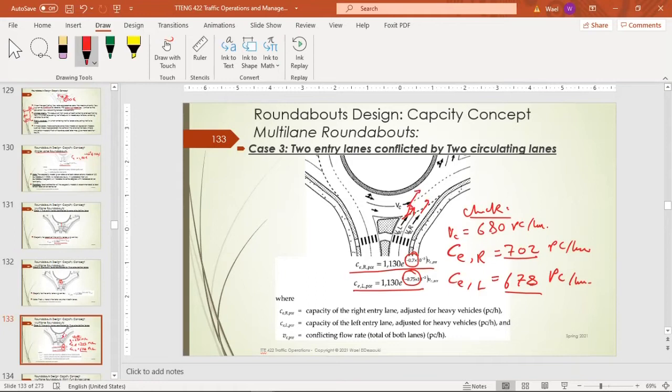But the right lane just needs a gap in this stream. So you have a higher chance of getting a gap here than here. Here you need to have two gaps together. Okay, any questions?